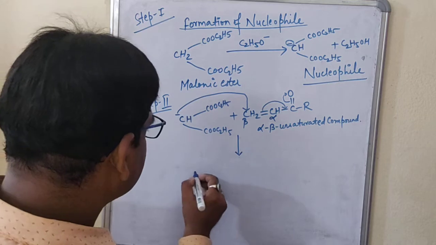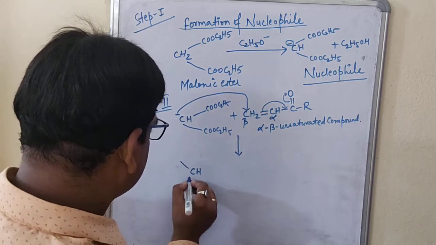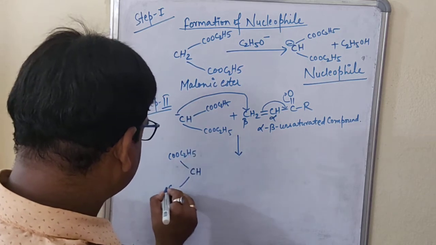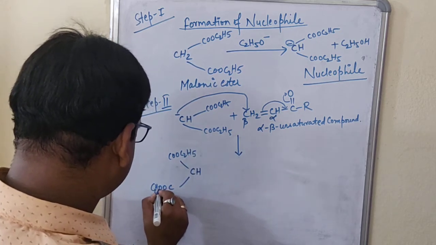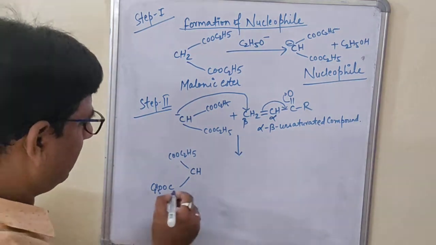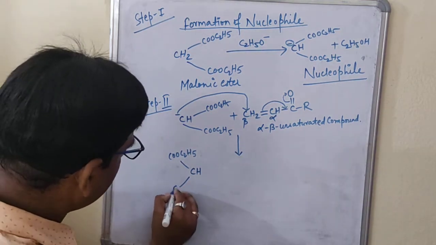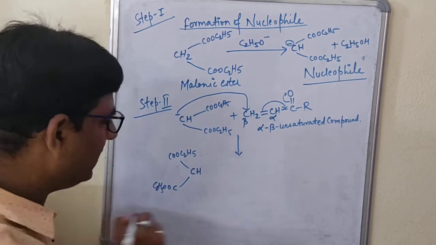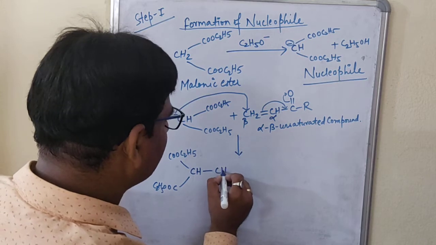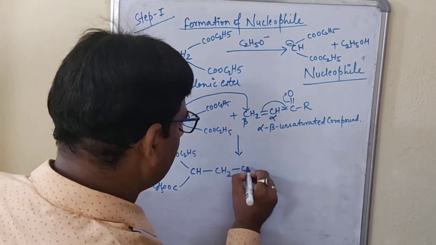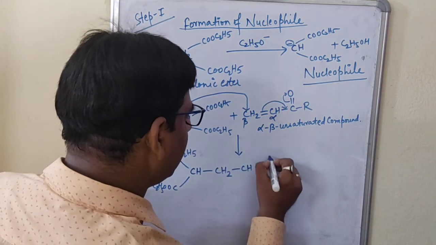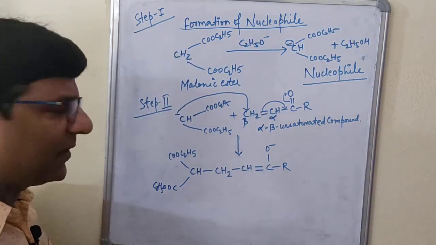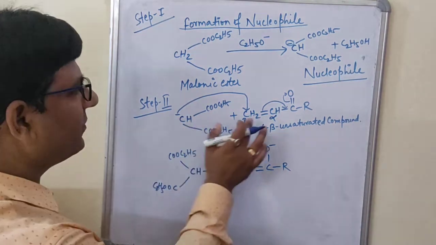So I can write CH(COOC2H5)(COOC2H5) joined with CH2, single bond CH, double bond C, O minus, and here it is R. This is how we have joined this with this.